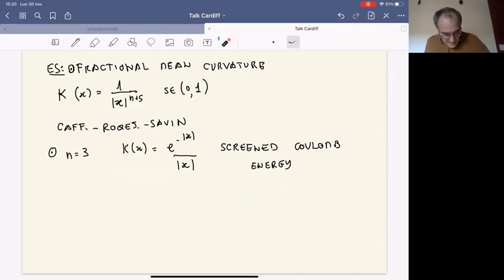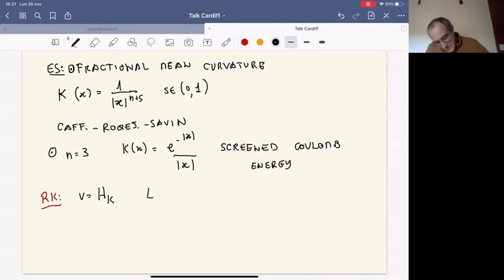As a remark, the equation V equals H_k, in complete analogy with the mean curvature flow, which is a gradient flow of the area functional, is also a gradient flow. It's an L2 gradient flow where, of course, when I write L2 gradient flow, it means, well, we are not in L2. We consider characteristic functions, and so it's a usual geometric L2 gradient flow.